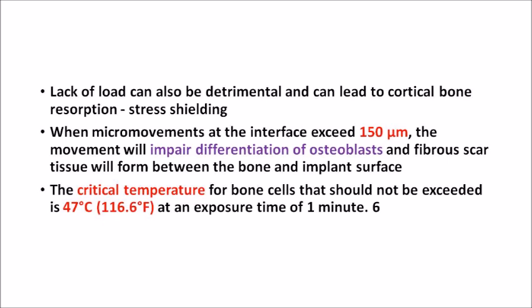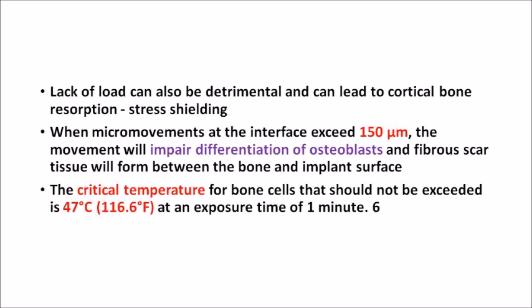Similarly, there are two critical measures that the implant can take. One is micro movements. The maximum that an implant and bone interface can take is 150 micrometers. After 150 micrometers, this will impair the differentiation of osteoblasts and a fibrous scar will form. So instead of osseointegration, you will get fibrous integration, which is not strong.